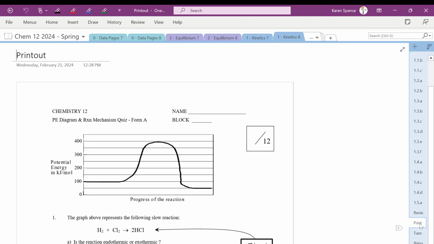So this reaction intermediate is produced in step 1 and it's used up in a later step. Our CL is produced in one step and then used up in a later step. It's produced in step 2.